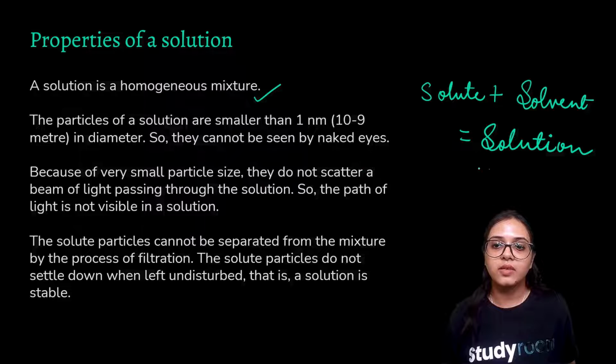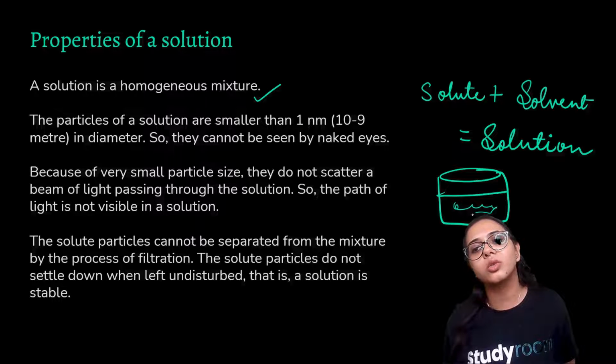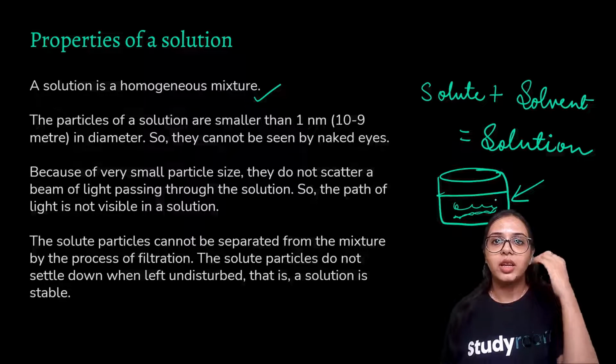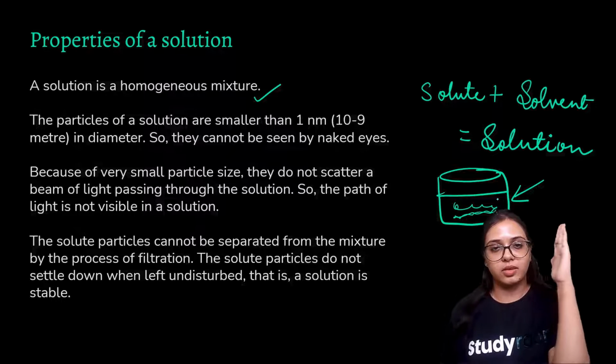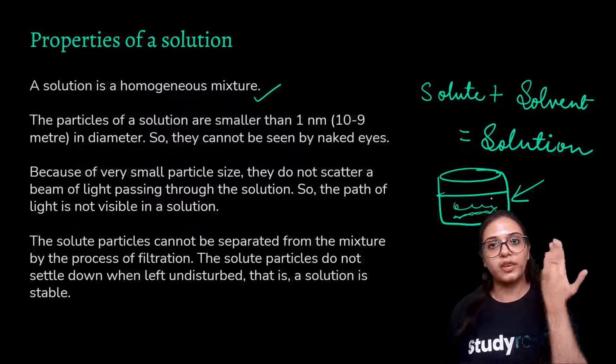So what we see here is, if you're adding, say, salt to water, the salt particles get dissolved so uniformly in water that when you pass light through it, the light is not scattered. Why is it not scattered? Because to scatter light, when light is passing through, an object is supposed to reflect light.